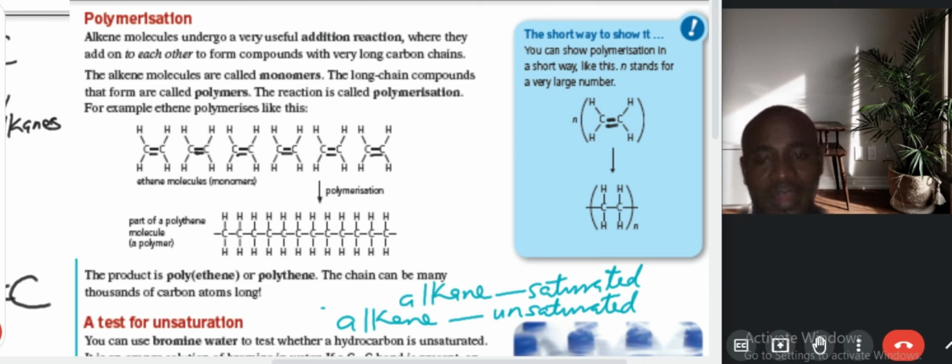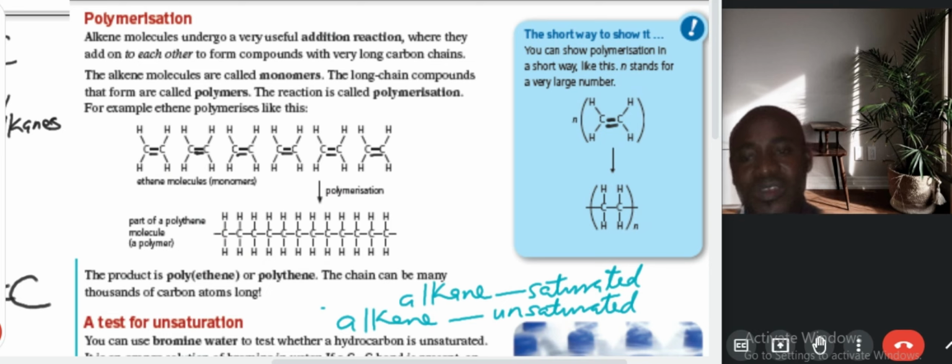And that is what we call polymerization. So polymerization produces a long chain of molecules from several monomers. When several monomers join together to form a long chain of molecule, we call it polymerization.